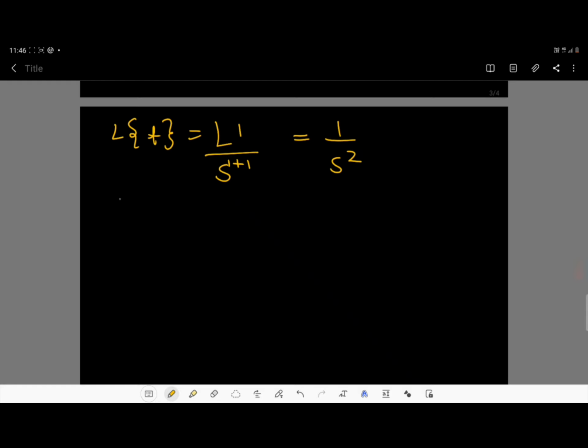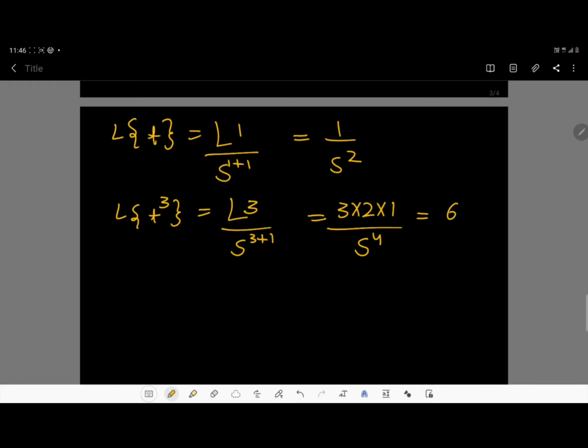Next, one more example: t cube. Now n is 3, so this will be 3 factorial upon s raised to power 3 plus 1. What is 3 factorial? 6, that is 3 into 2 into 1. So it is 6 upon s raised to power 4, right?